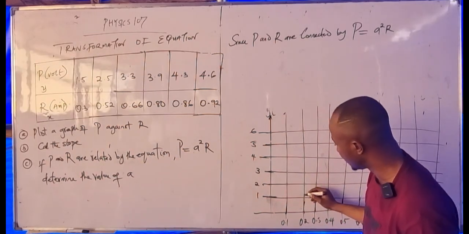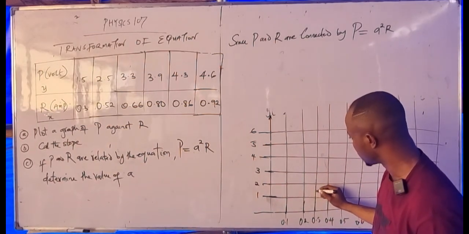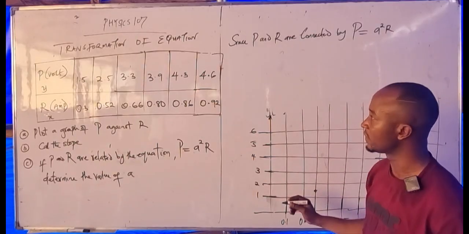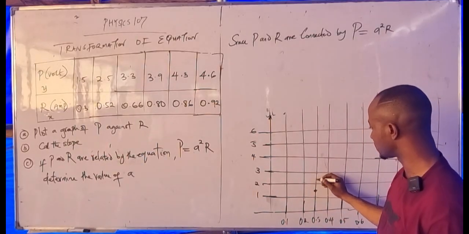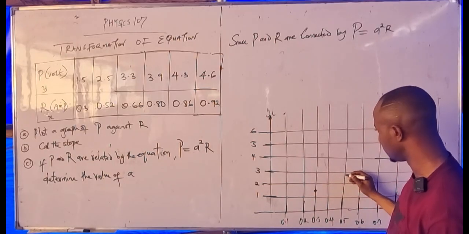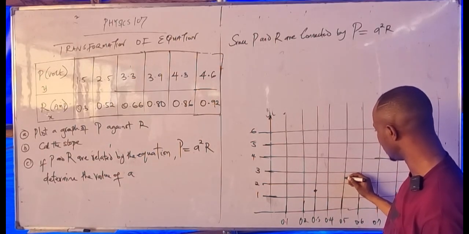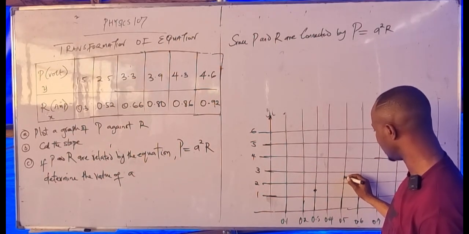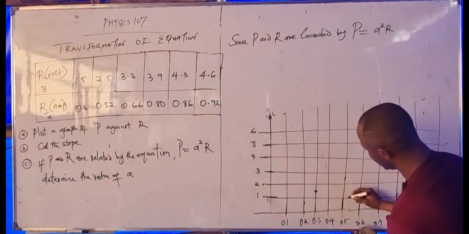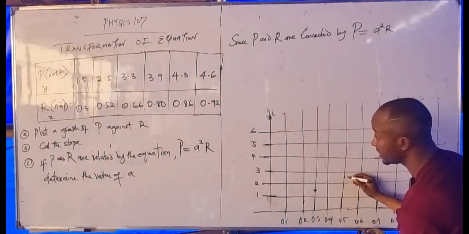Somewhere here, right? Okay, what's the next one? 2.5 against 0.52. 2.5 is here, right? Is it 0.52? Okay, we count 1, 2 lines. Somewhere here, right?